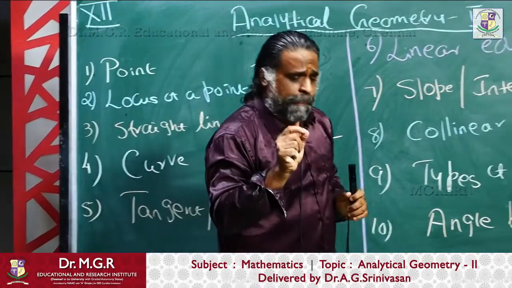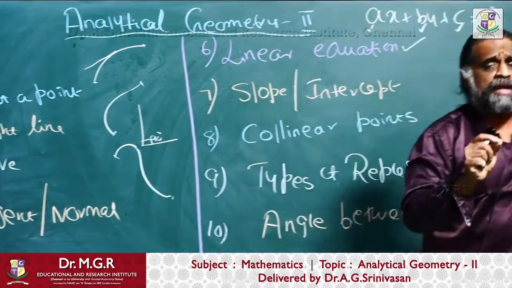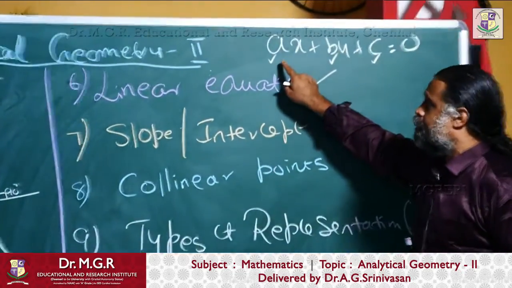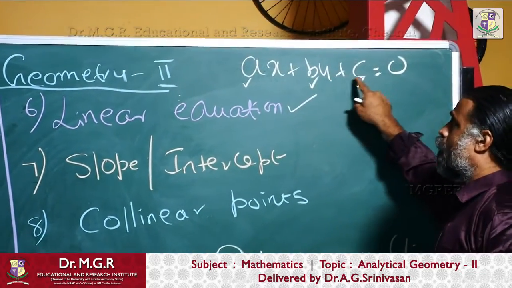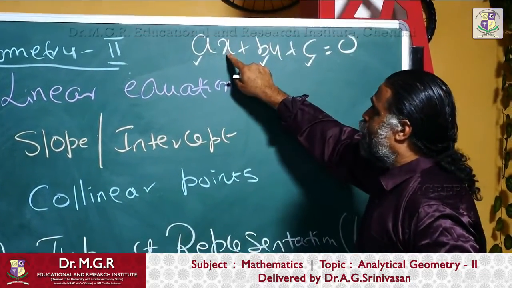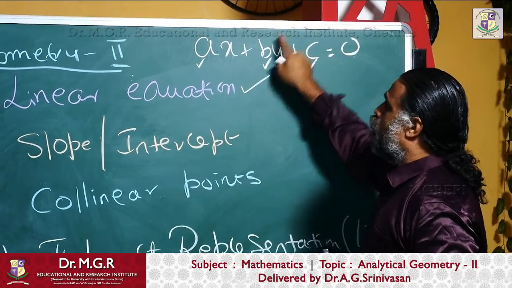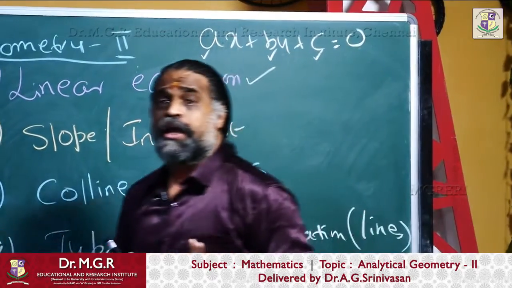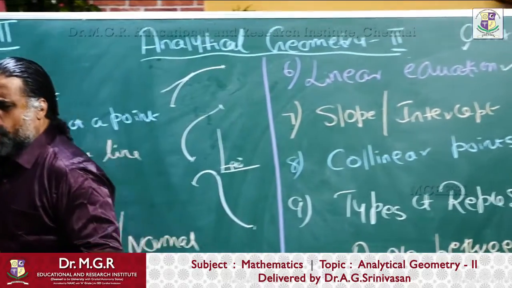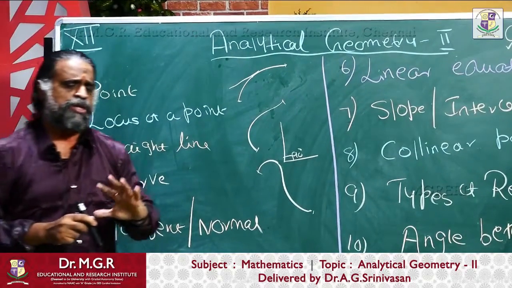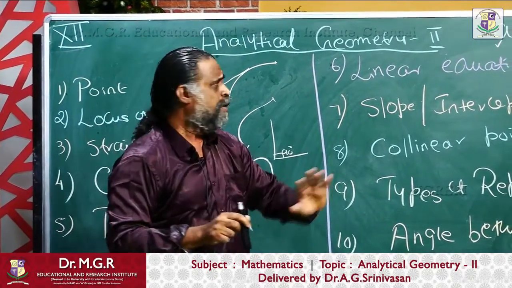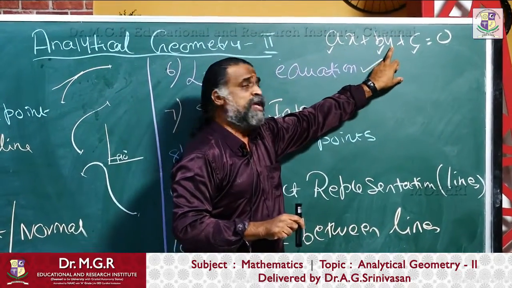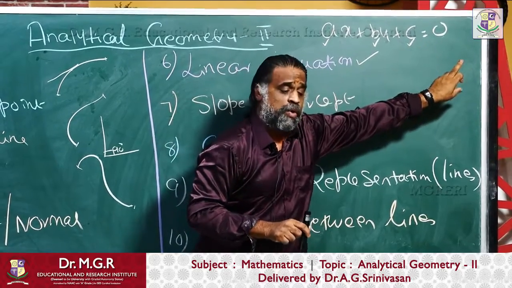Any given straight line can be represented by an equation ax + by + c = 0, where the power of x is 1, the power of y is 1, and a, b, c are usually taken to be real constants. We'll talk about the real constants, the complex constants, and all that a little later.